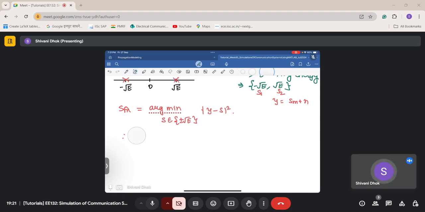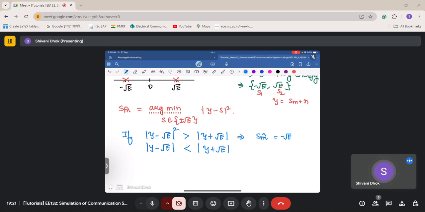So what we have is, if y minus root E is greater than y plus root E, then my sm hat will be equal to minus root E. And if y minus root E is less than y plus root E, and we can put squares also, then sm hat will be equal to root E.